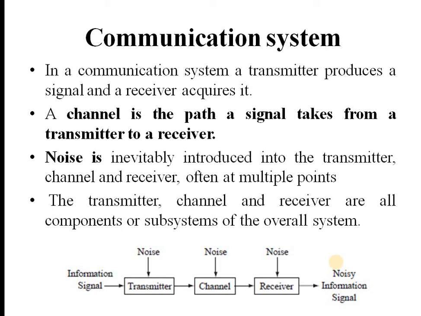That means the devices at both ends might act as both transmitters and receivers, and in such cases we call such a communication system a full duplex system. This is another communication system and an example of a system that we are very much interested in during the coming classes.